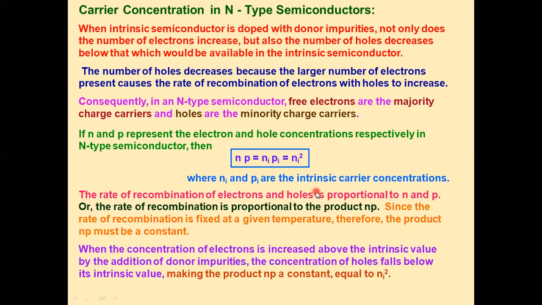When the concentration of electrons increases above the intrinsic value by the addition of this donor impurity, the concentration of holes falls below the intrinsic value, making the product np, which is constant, equal to n i square. Then the second type of extrinsic semiconductor is the P type of semiconductor.